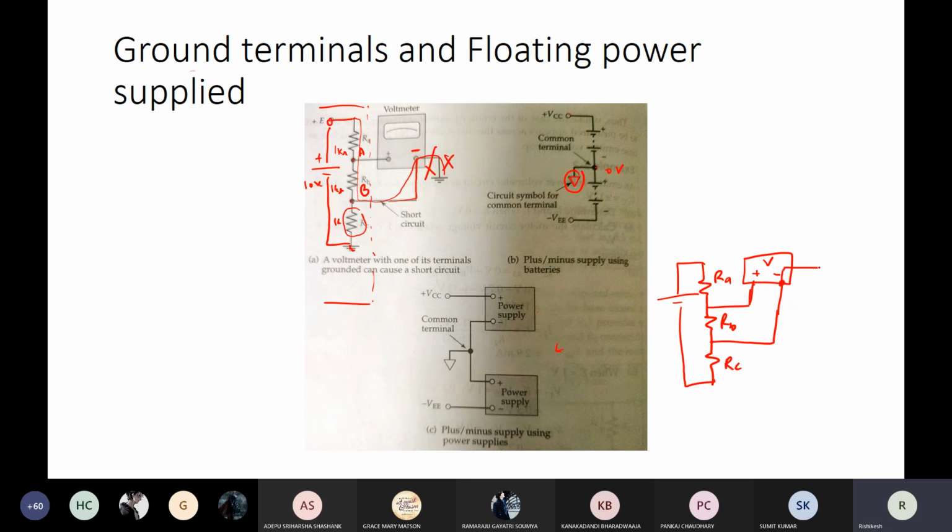Remember, this is connected to the common terminal. And where is this common terminal coming from? This voltmeter requires positive VCC and also minus VEE, and there is a common terminal with respect to which these two are defined. So this is connected to the common terminal. What will be the potential of this common terminal?